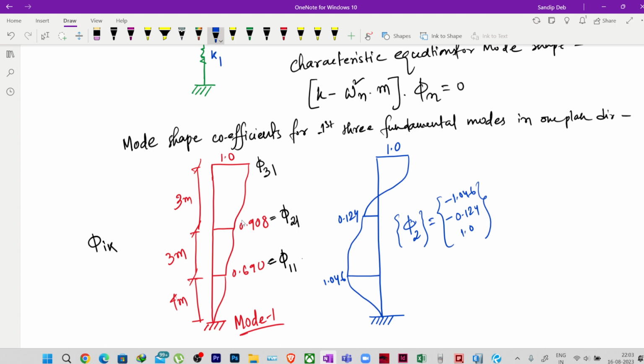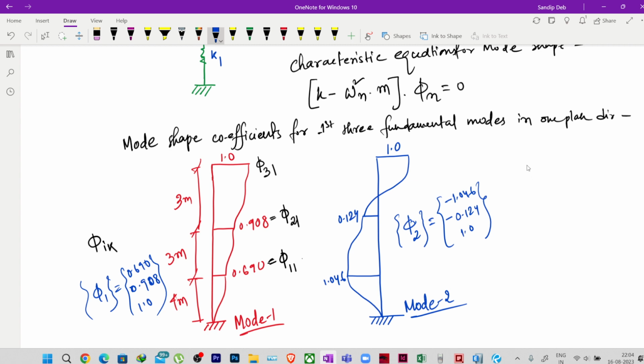For mode 1, it will be all positive: 0.690, 0.908, and 1.0. For mode 2, you get it this way. The negative sign tells that the vibration, or the displacement, is happening in the opposite direction.